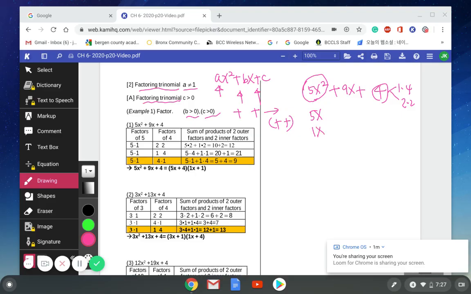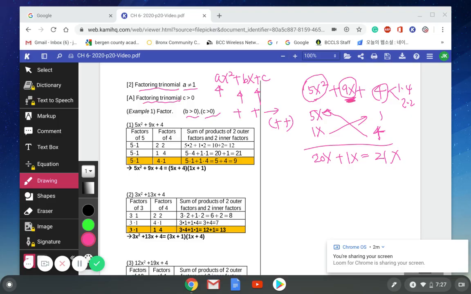And then you try to cross multiply with the factors of the third term. So 4 times 5 is 20x. 1x times 1 is 1x and makes 21x, which is not the desirable one.